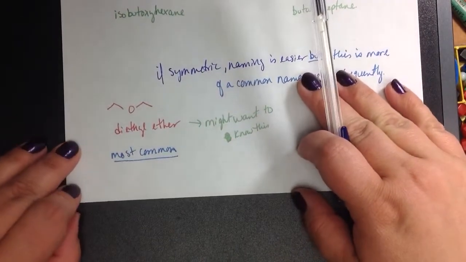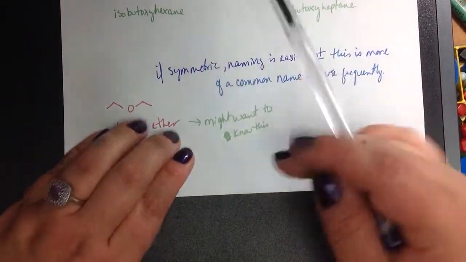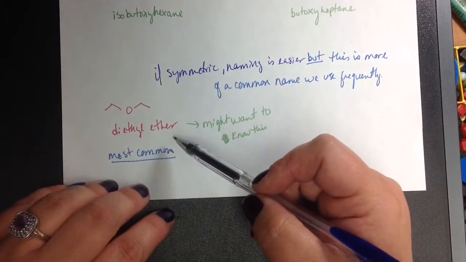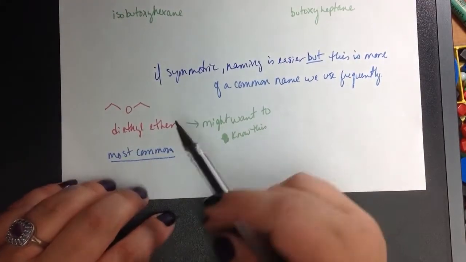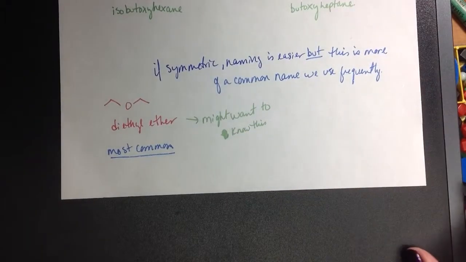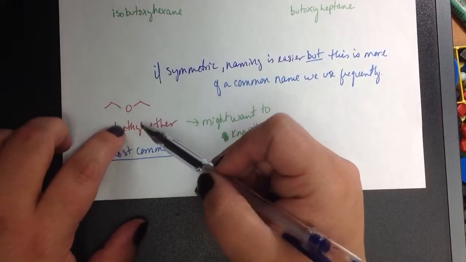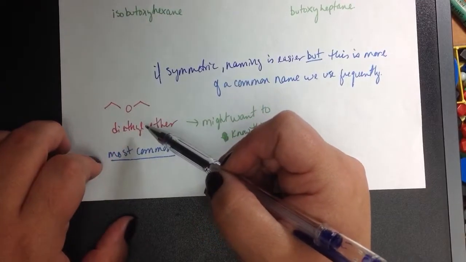Actually, the easiest way to look at an ether is down here. This is known as diethyl ether. Now that's the common name, but we almost even consider it IUPAC because it's so common. This is something that we use a lot in the laboratory.